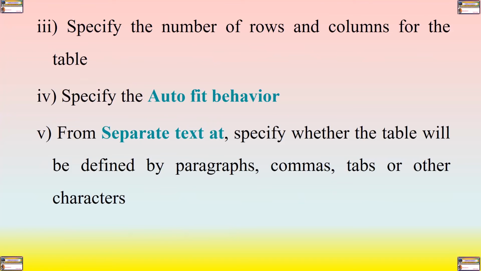From separate text at, specify whether the table will be defined by paragraphs, commas, tabs, or other characters, depending on how your text has been typed. Then you click OK.